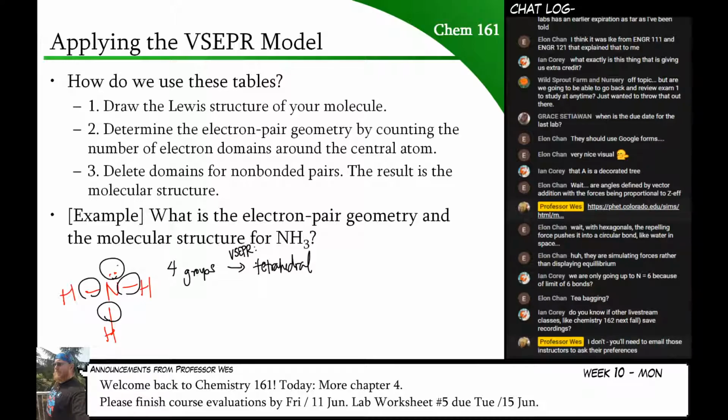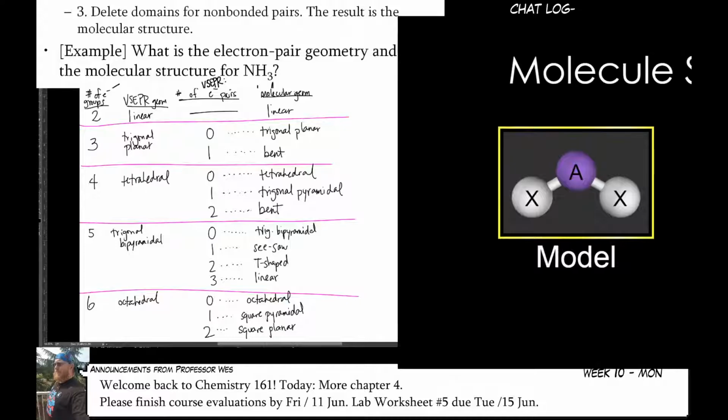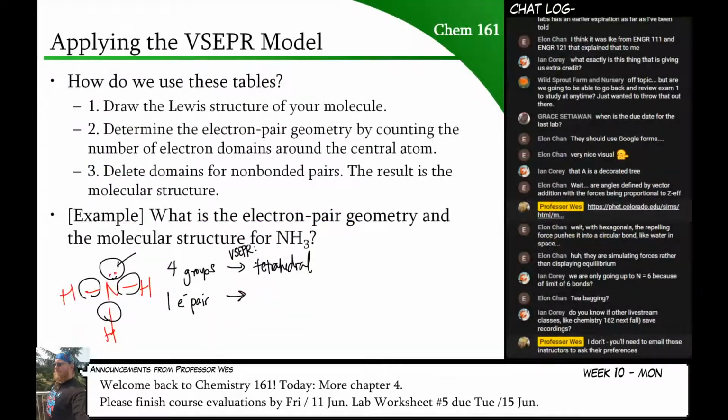Of those 4 groups, one of them is an electron pair. So if I go to the preview problem, what's the 4 family and the member of that family in the 1 position? Trigonal pyramidal. So then we would write that in for its molecular geometry or molecular shape.